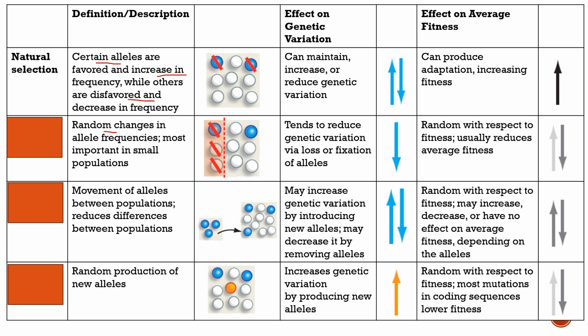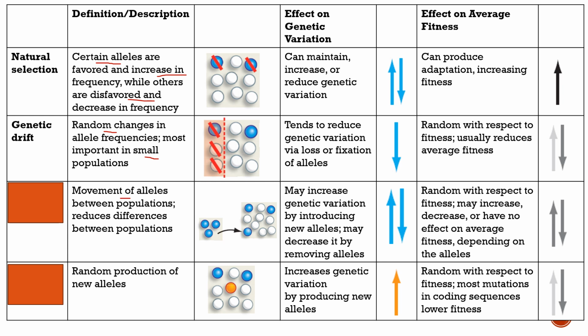Then there are random changes in the allele frequencies that are really important in small populations. This is genetic drift, like the bottleneck or founder effect. We're taking random chances, especially in a small population, such as people or organisms moving to a new place to set up a new population, or an event that wipes out a large amount of the population.